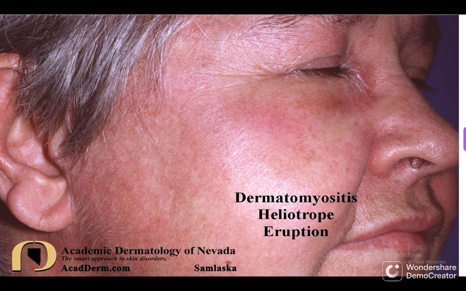Now, this is demonstrated as the heliotropic rash. It is not shown. This part is actually violaceous reddish. It is because the light is reflecting. We cannot comment on this. It seems to be reddish, no reddish. Look at this part, this part, and this part. Remember this part, and this part here.